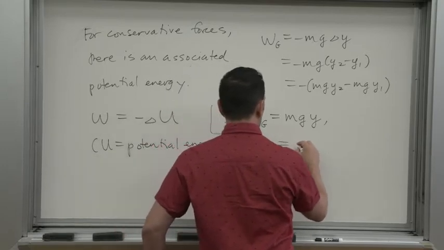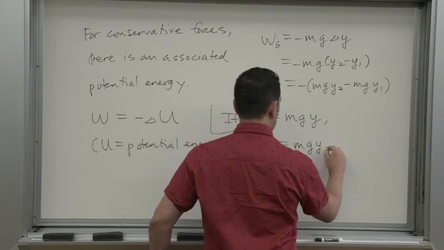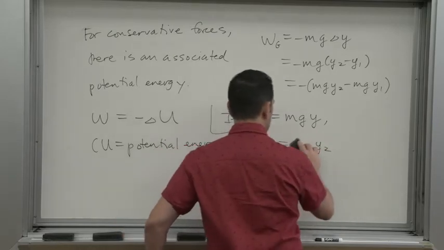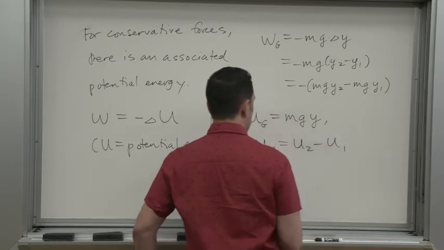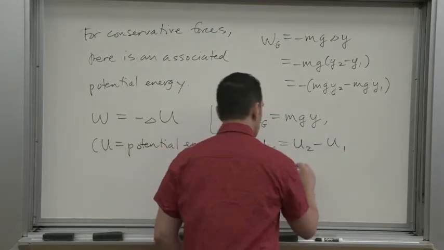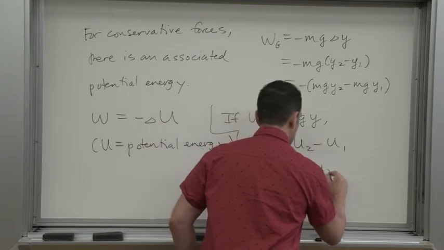Well, this is U2 minus U1. U2 would be the potential energy at position 2, which will be mg y2.